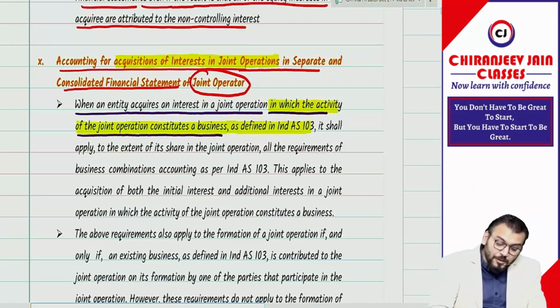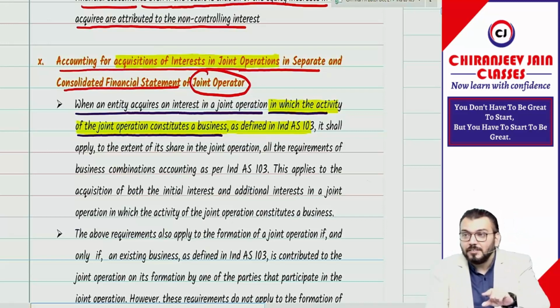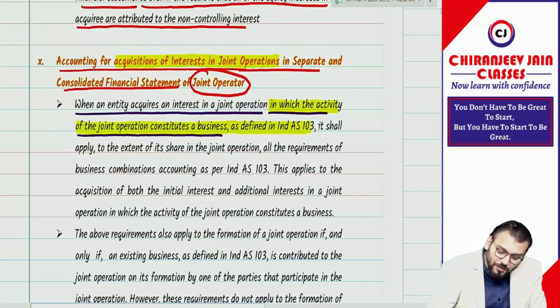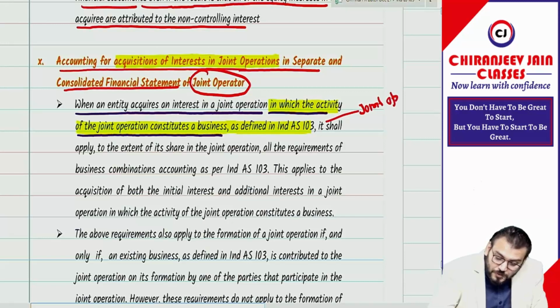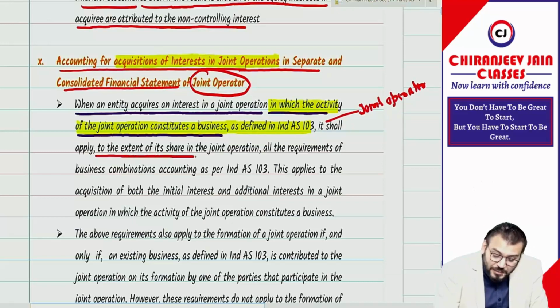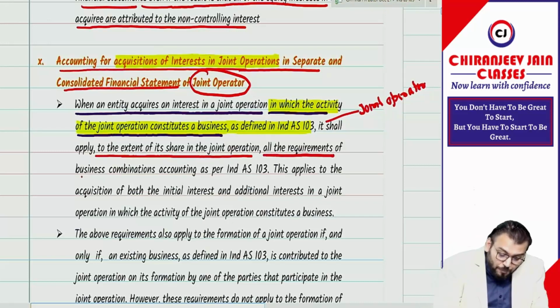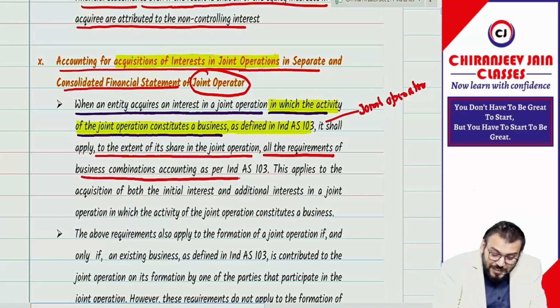It shall apply. Who will apply? It means the joint operator, not the company. The joint operator shall apply, to the extent of its share in the joint operation, all the requirements of business combination accounting as per Ind AS 103.